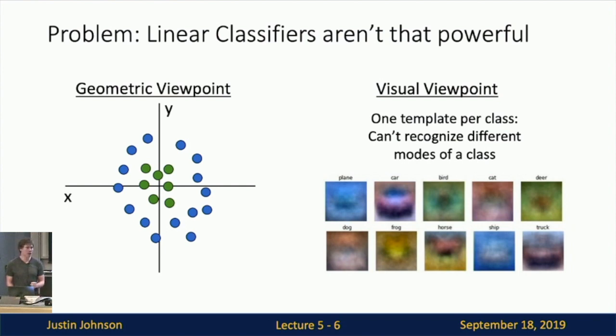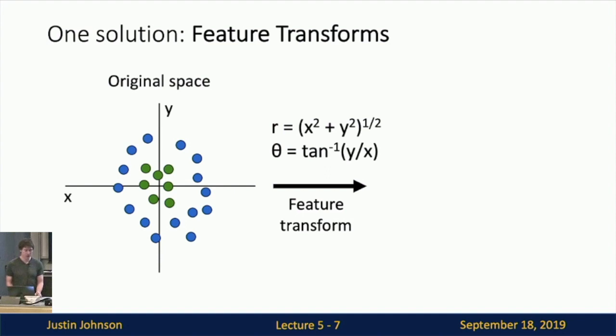Before moving to neural networks, I think we should discuss a different way to overcome this limitation of linear classifiers. And that's the notion of feature transforms. The idea with feature transforms is that we will take our original data, which is given to us in some native original input space on the left, and then we will apply some cleverly chosen mathematical transformation to the input data to transform it in a way that will hopefully be more amenable to classification.